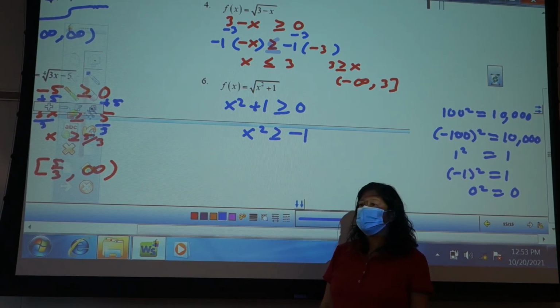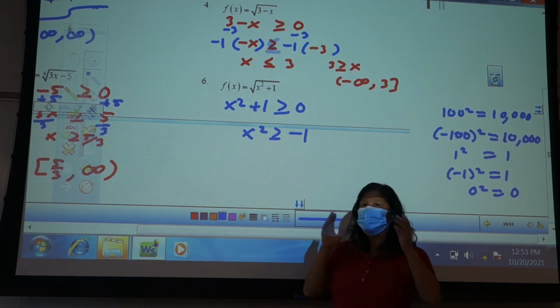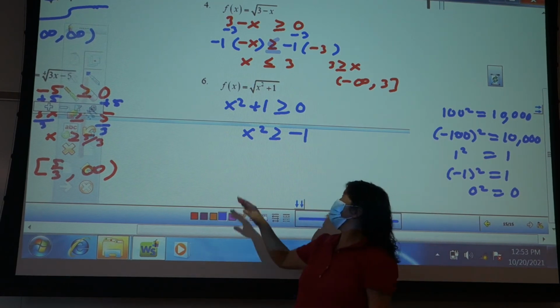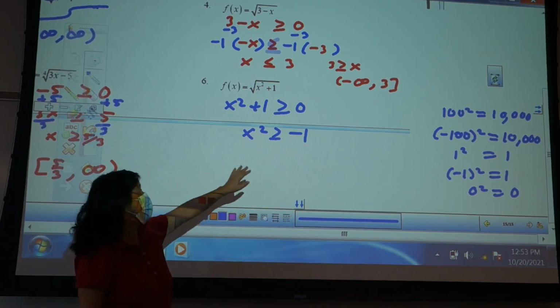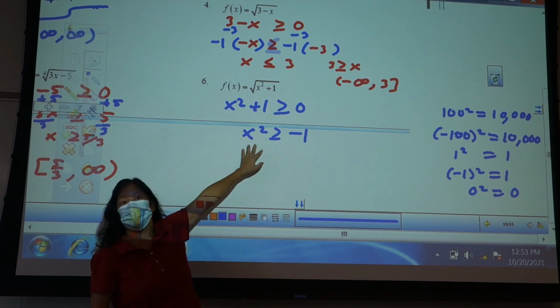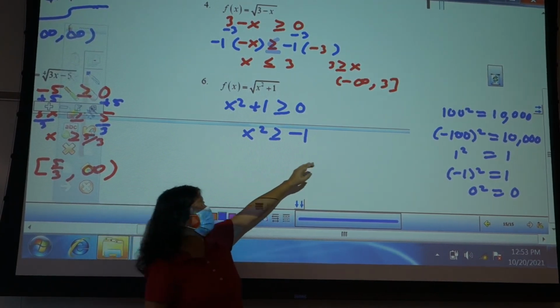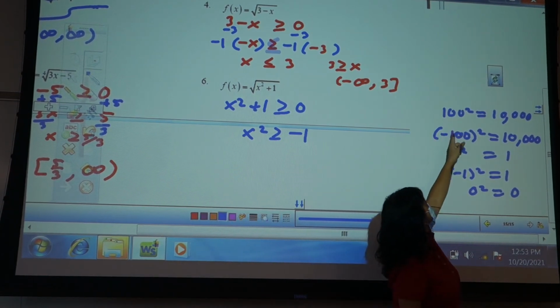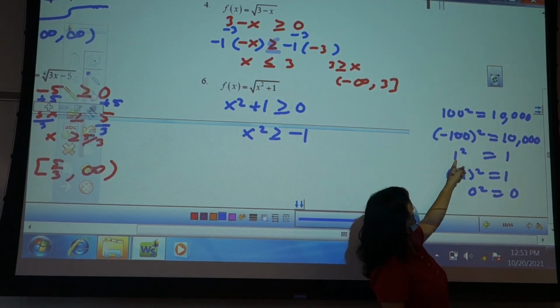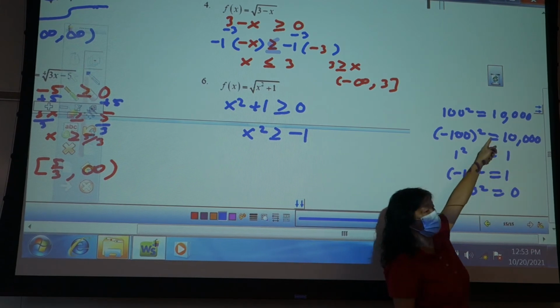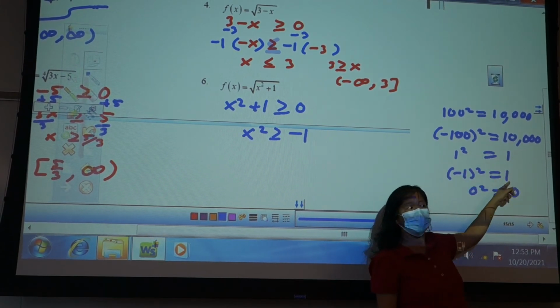Does everyone understand what I'm saying? In other words, this will always be true no matter what x you give it. I tried big x's, I tried really small x's, and no matter what I did, I always got a number that was greater than negative 1.